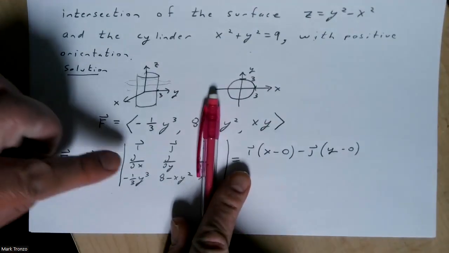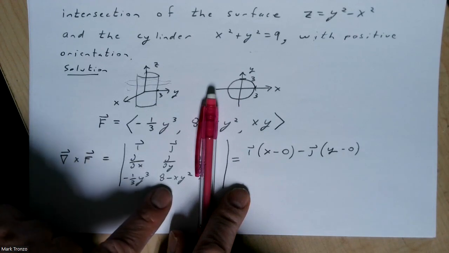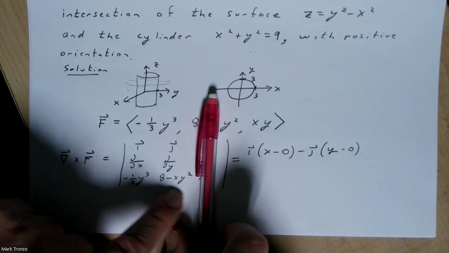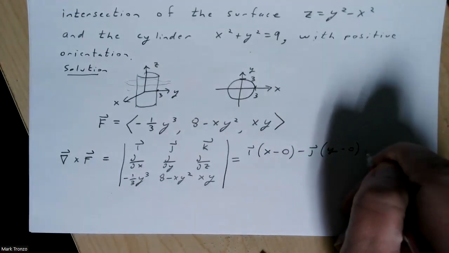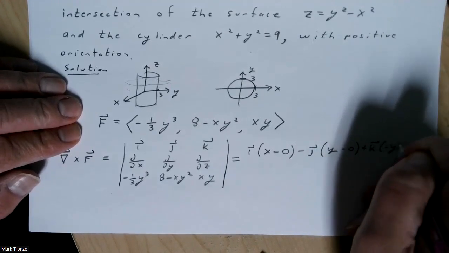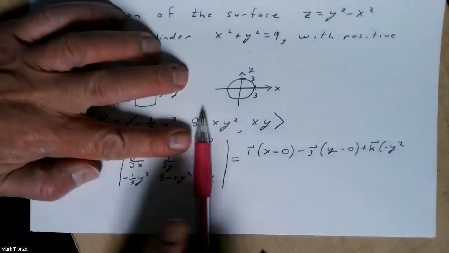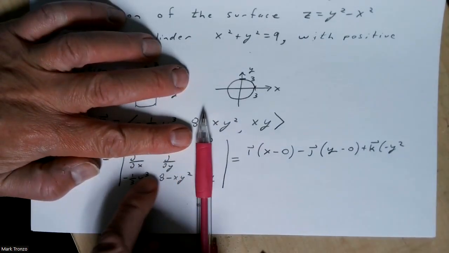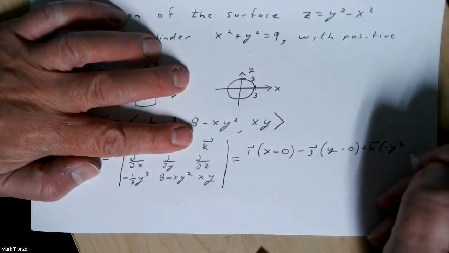Then finally, the derivative of this with respect to x is going to be negative y squared. Then the derivative of this with respect to y, and of course, that would be a minus of a minus, so that's going to be y squared, a minus y squared.